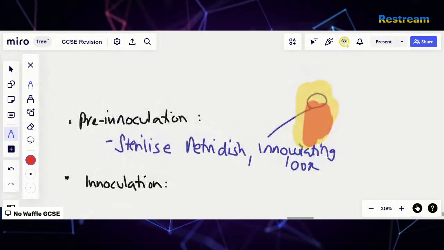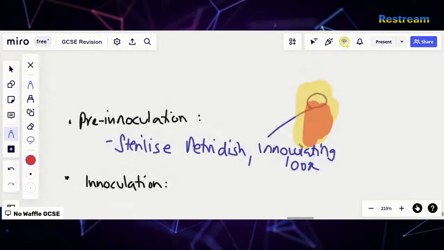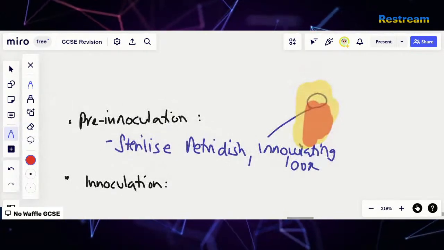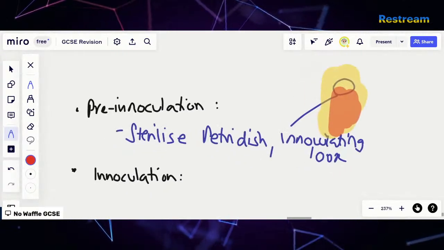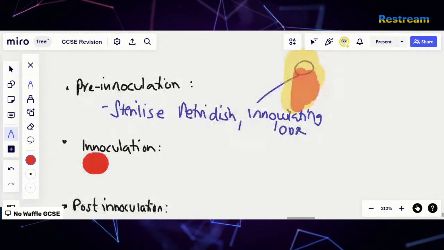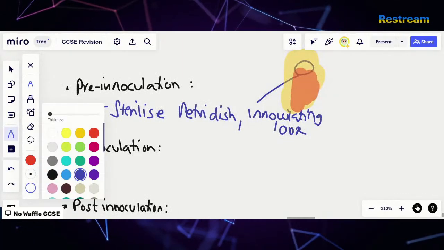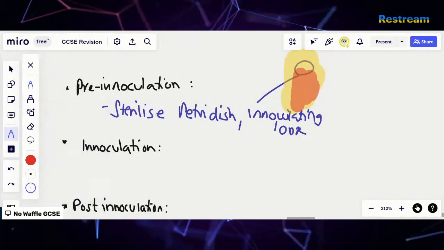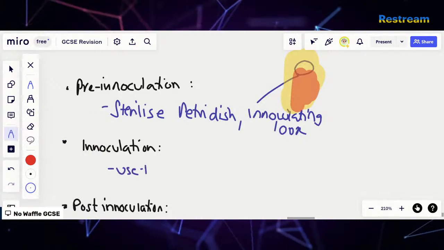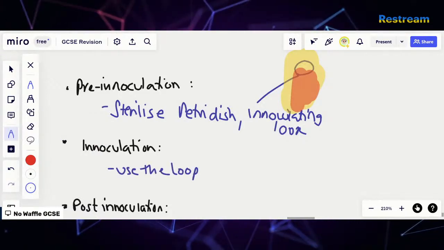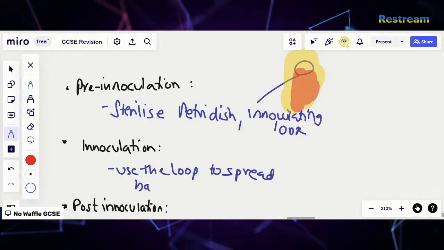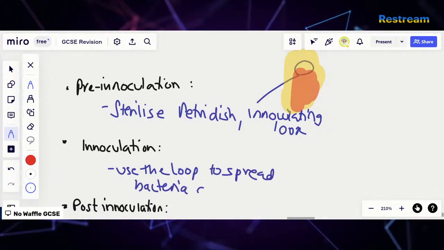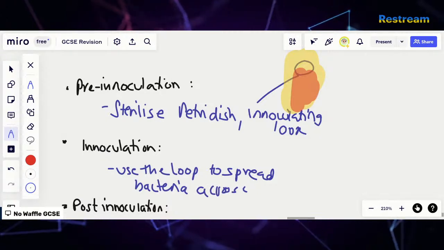So sterilize the petri dish, sterilize the inoculating loop through a flame. Now we get to inoculation. So what happens during inoculation? During inoculation, you use the loop to spread the bacteria across the surface of the petri dish.